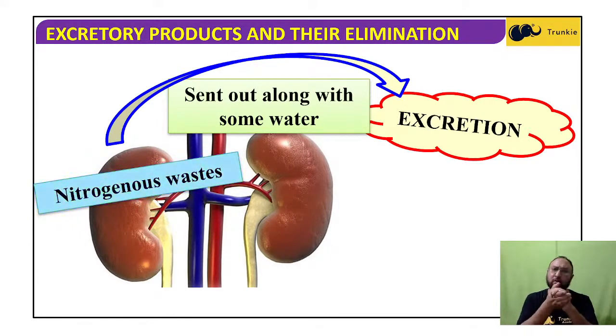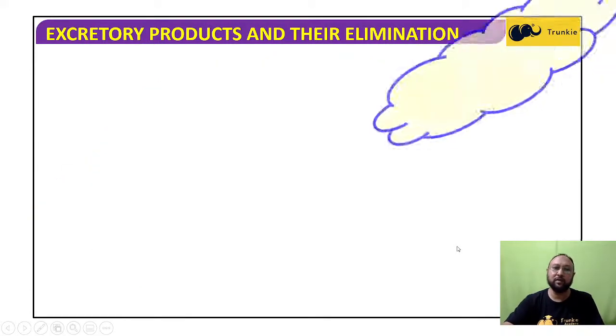You use some soap also, some kind of liquid hand wash, because it helps to remove the dirt; water dissolves the dirt that is present on the surface of the skin of the hand, and then it is removed. Similarly, these wastes need to be removed along with the water. They are removed because they dissolve. They form a kind of mixed solution, and then it is removed. So they are sent out along with some water.